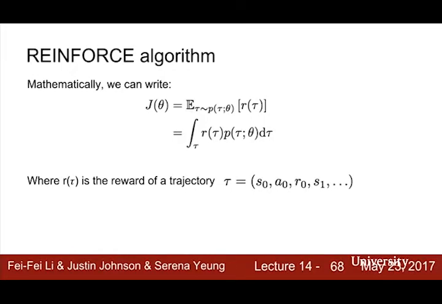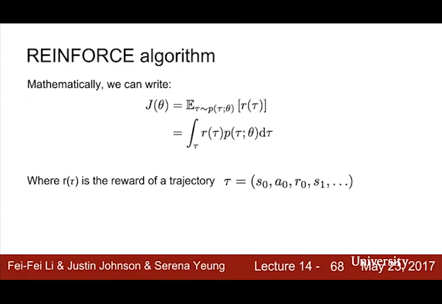So mathematically, we can write out our expected future reward over trajectories. We're going to sample these trajectories of experience, right? For example, episodes of gameplay that we talked about earlier, S0, A0, R0, S1, A1, R1, and so on, using some policy pi of theta, right?